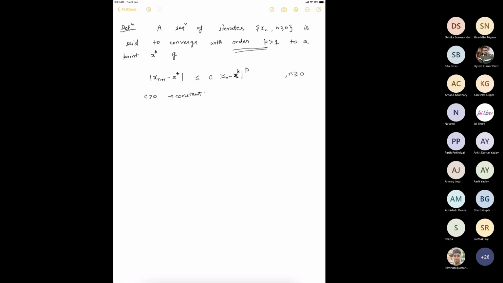And in particular this holds for p equal to 1 also, that is, the sequence is said to converge linearly.